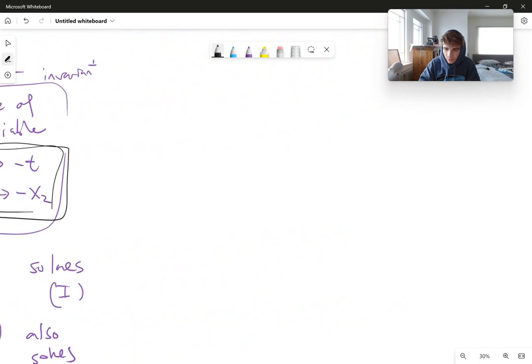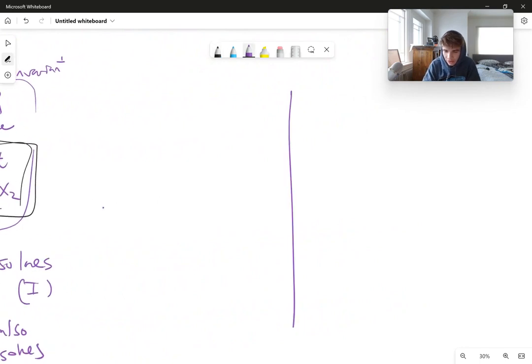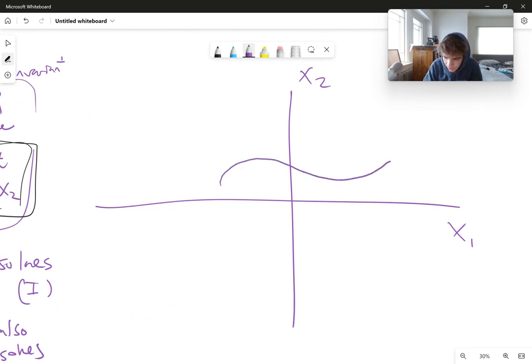Now, if the system is reversible, what we're going to have in our phase space is that if you have a trajectory in phase space and say it intersects the x-axis twice here, then under this time reversal symmetry, we know that there's also a phase trajectory that is a reflection across the x1 axis, with time reversed. And so now we can see that indeed we'll have periodic solutions, what we call closed orbits in the phase space.